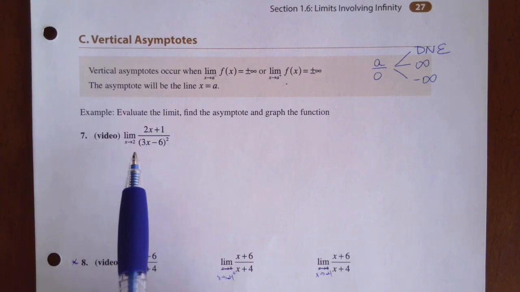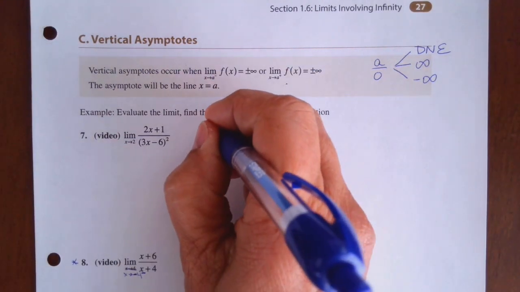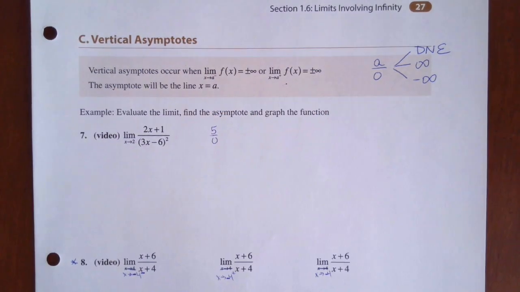he plugged in 2 to start with, and when he plugged in 2 for direct substitution, he got 5 over 0. So that meant now that we're in section 1.6, we can't just write down "does not exist" for the limit.